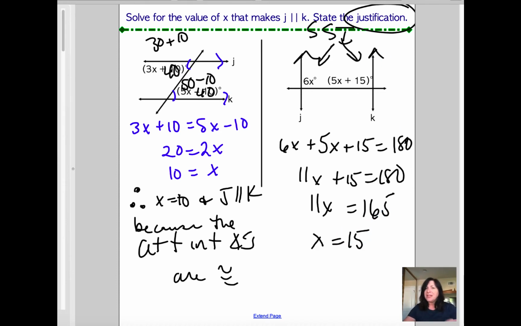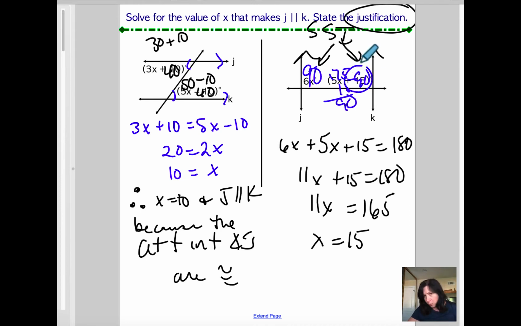So if these are same side interior angles, then those angles, they're not going to be congruent. They are going to be supplementary. So let's check. If you take 15 and you multiply by 6, you should get 90, which means this would be 90. And then 15 times 5, that's 75. Add 15, 7, 8, 9.